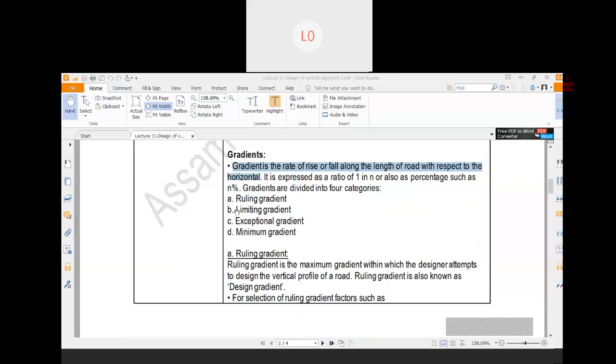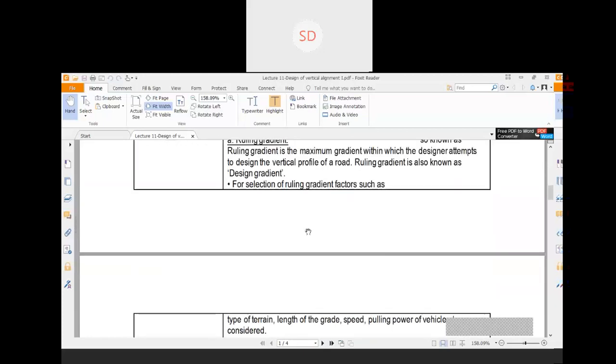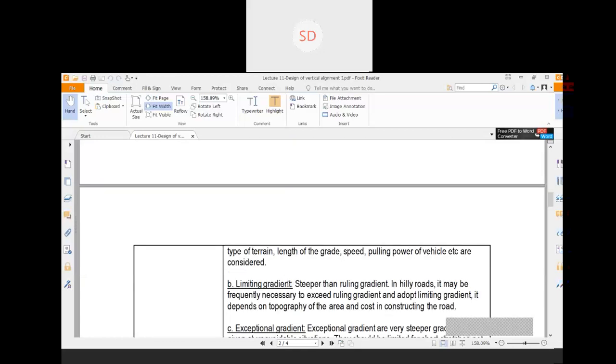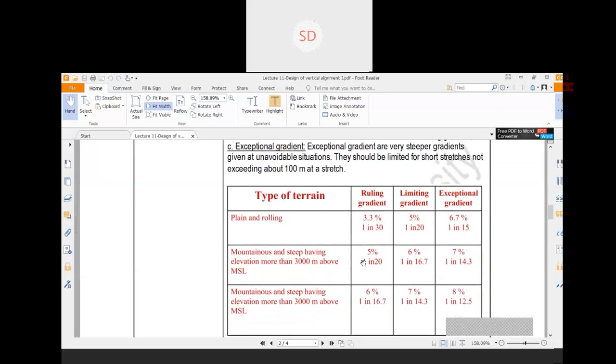Basically, ruling gradient is the maximum gradient which you can allow over the road. For the selection of the road, there are different factors which affect the ruling gradient, like type of terrain, length of the grade, speed, pulling power of the vehicle, etc. If we consider different terrain, for plain and rolling terrain the ruling gradient is limited to 1 in 30.